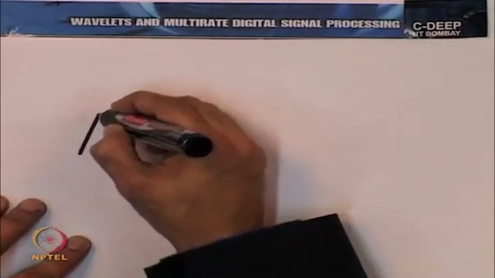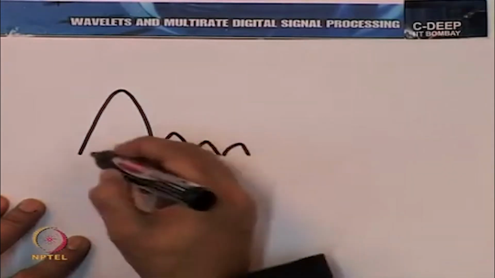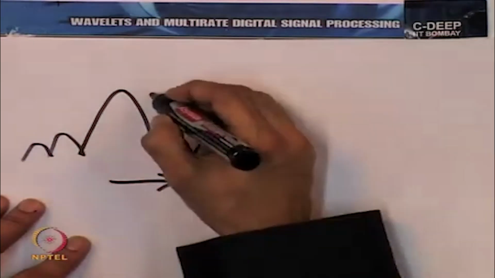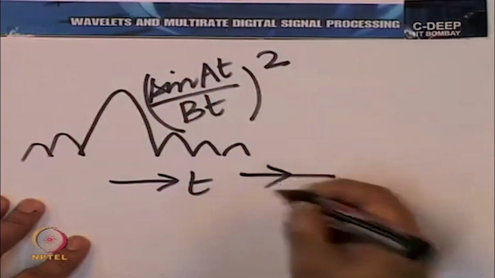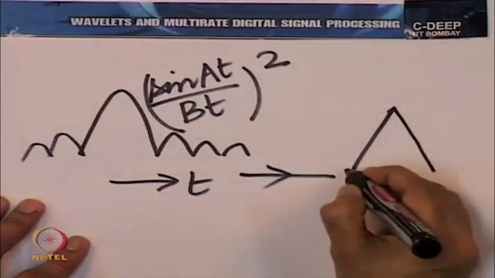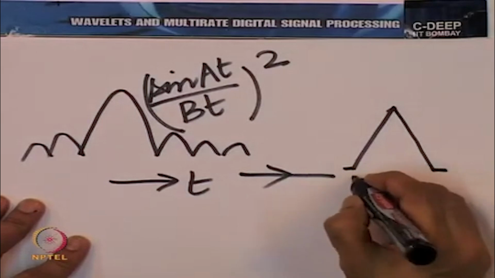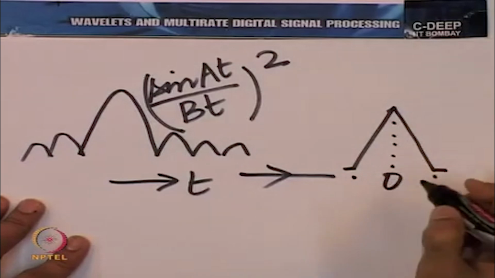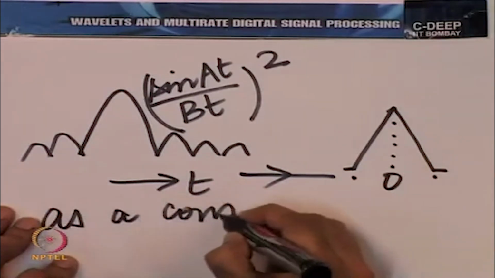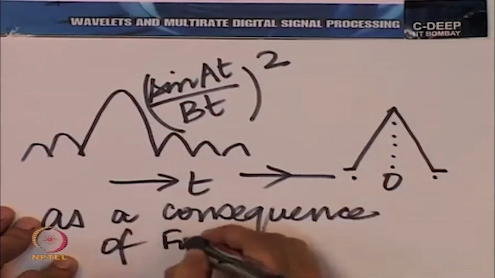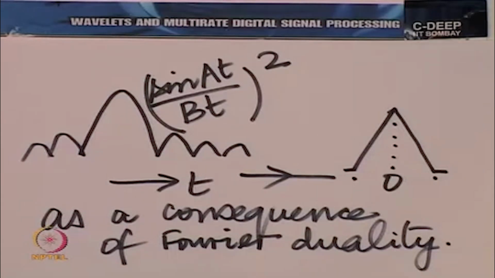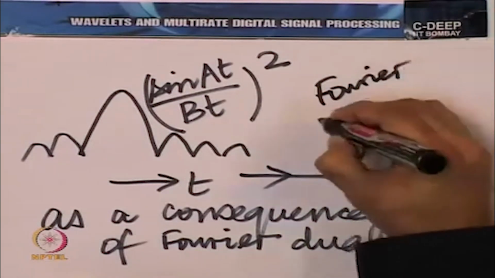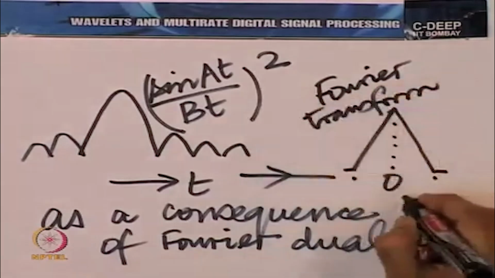It would tell us that if we considered a time function like this, something like (sin a t by b t) the whole squared, its Fourier transform is going to look something like this. I do not need to mark the limits here, but this is 0 as a consequence of duality. This is the Fourier transform, a function of f here.